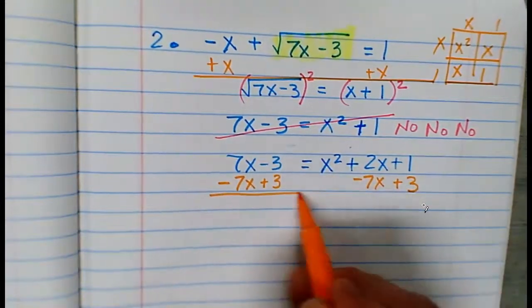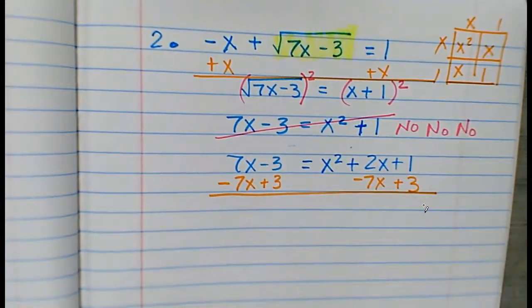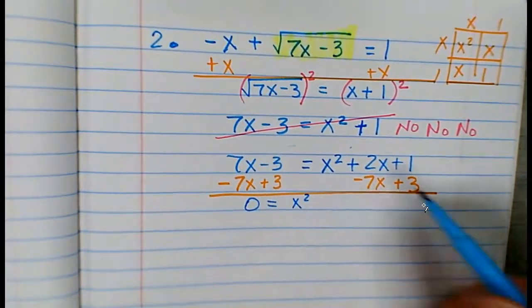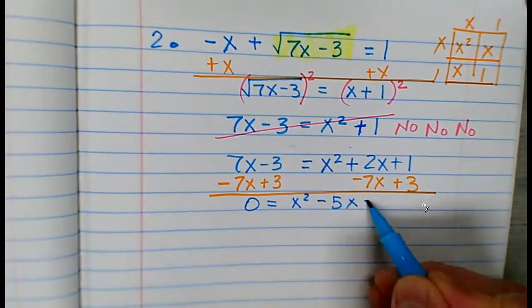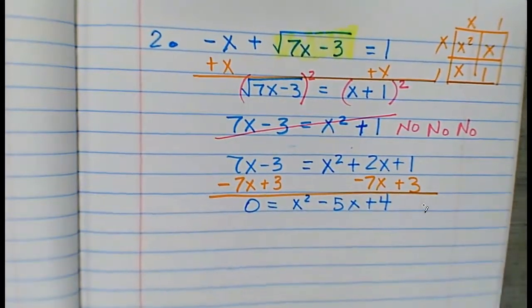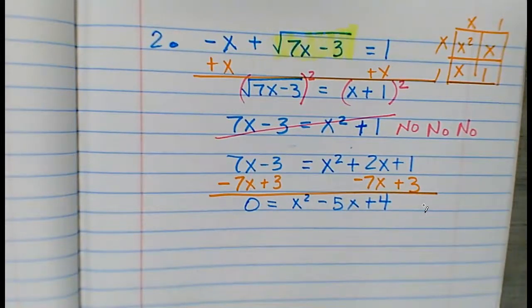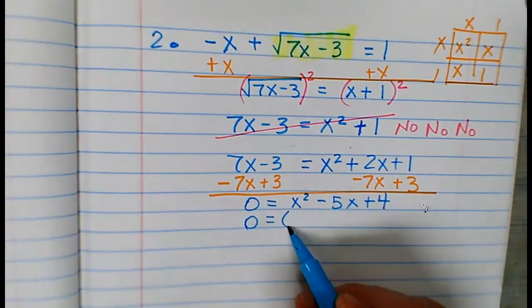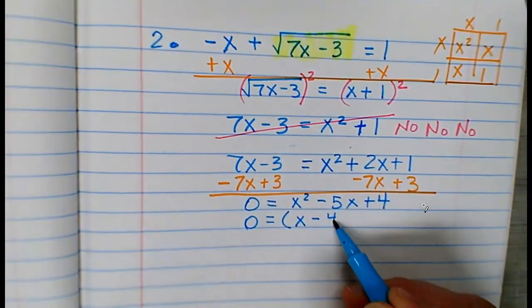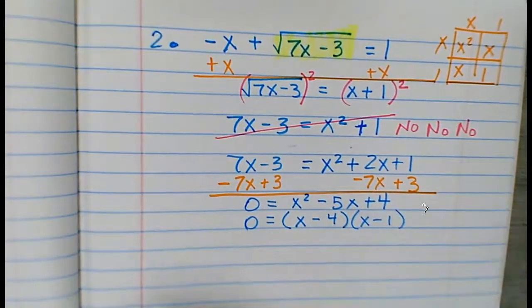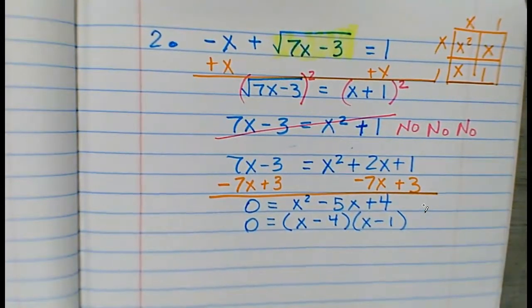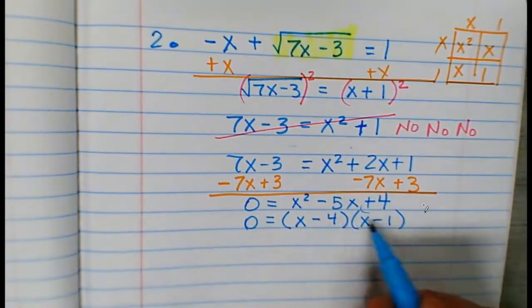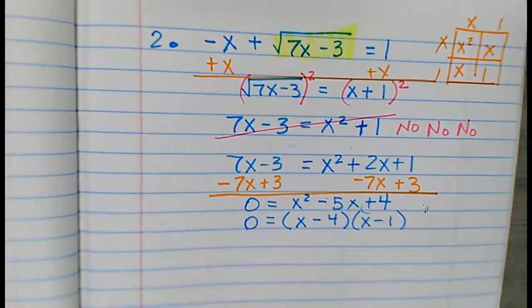I need to zero this out. This is an x squared, so I need to zero this out so that minus 5x, so that I can factor this side over here. The factors of 4 are 2 times 2 or 4 times 1. Negative 4 times negative 1 is equal to the positive 4, and when you add them together, they're equal to the negative 5.